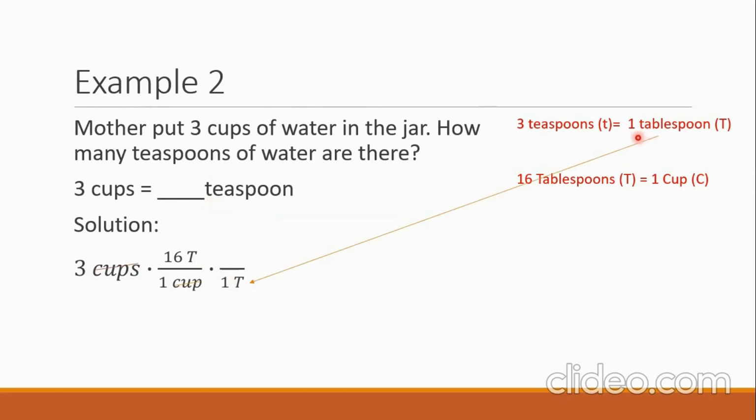In the first equation, the 1 tablespoon, the 1 capital T, I should put in the denominator, followed by the 3 teaspoons should be written on the numerator. That is intentionally done so that I can cancel this T with the T at the bottom. So all units are cancelled except the small t, and that is what I need, the teaspoons.